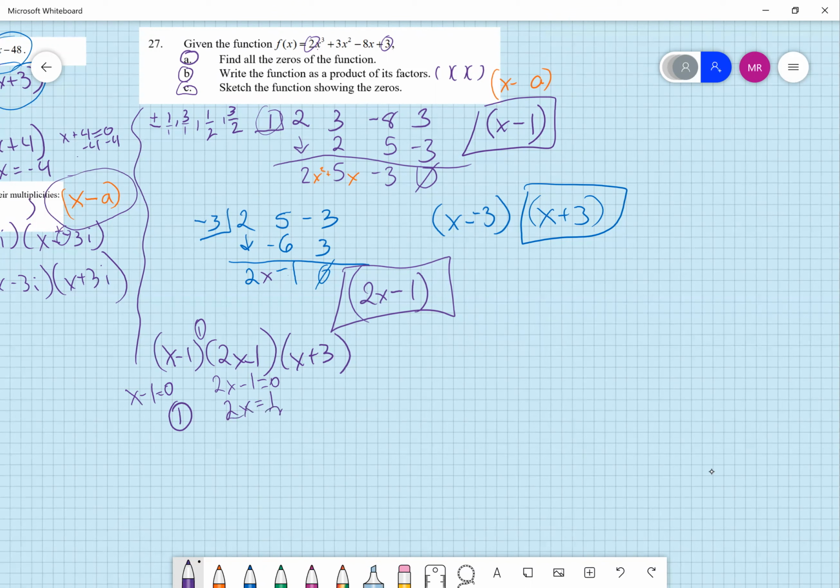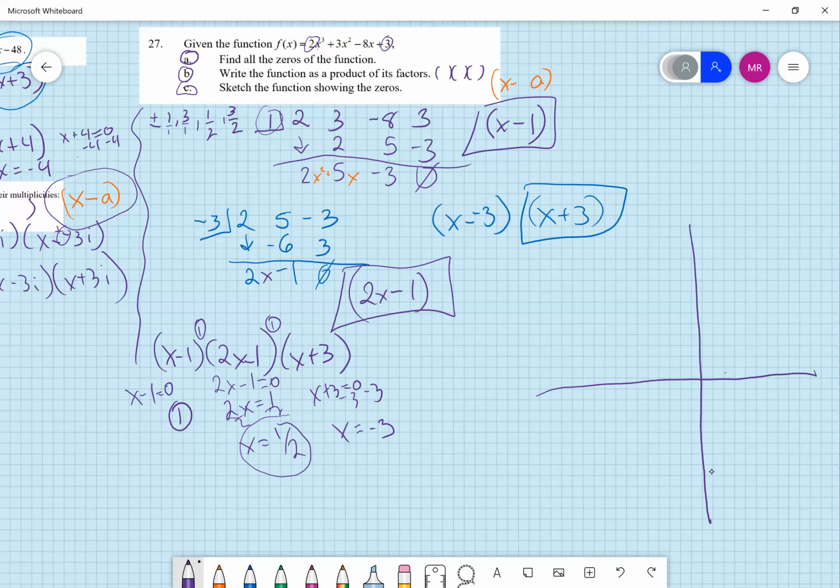We divide by 2, and that gives us x equals 1/2. So we know that that is another root, or where it crosses the x-axis. And again, an odd multiplicity, meaning that it crosses at that point. And then we get x plus 3. If we set that equal to 0, we subtract 3 from each side, and we're left with x equals negative 3.